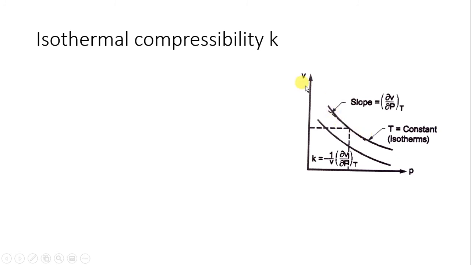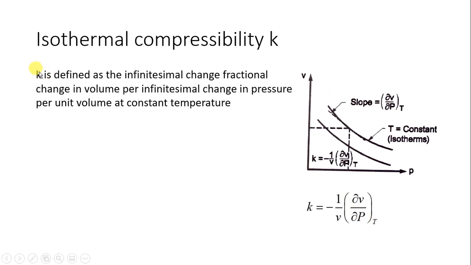It will be dou V by dou P when temperature is constant. Now isothermal compressibility K is equal to minus of 1 upon V dou V by dou P when temperature is constant. Now what is this K? K is defined as the infinitesimal fractional change in volume per infinitesimal change in pressure per unit volume at constant temperature.